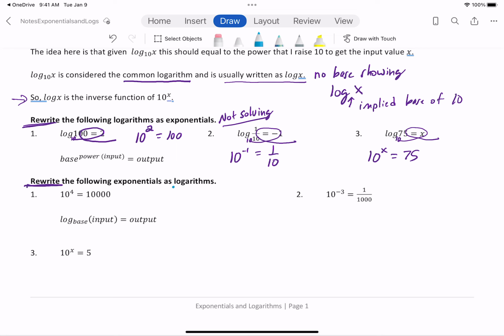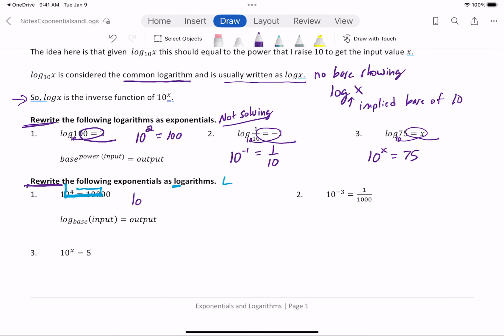The word logarithm starts with L, so we're going to make an L this time. So I'm going to start here and then go back like this. So I know it's not exactly an L, but it's something that we can use, right? So we're going to rewrite this exponential as a logarithm.